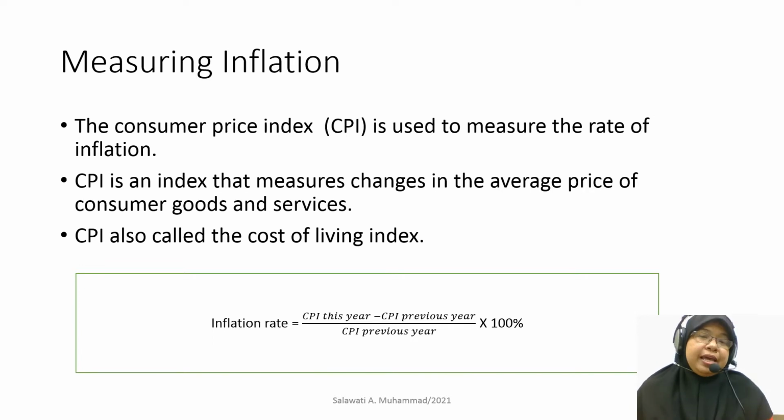The formula is we subtract CPI this year, meaning CPI current year, with CPI previous year, then we divide it by CPI previous year. We get the amount, then we multiply the amount by 100%.